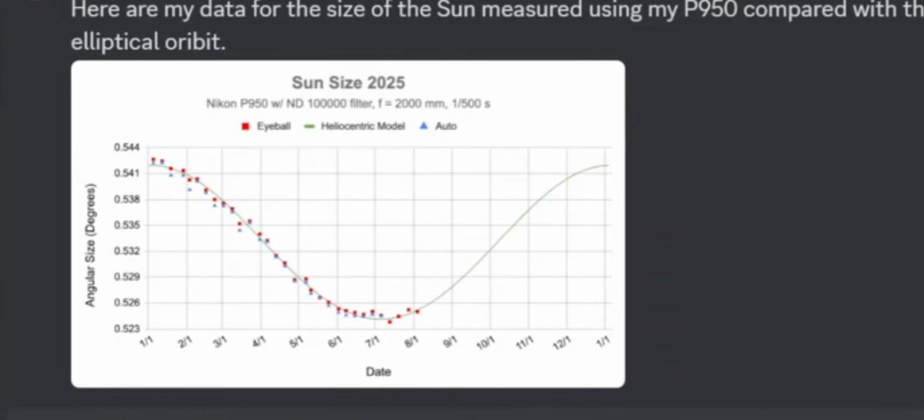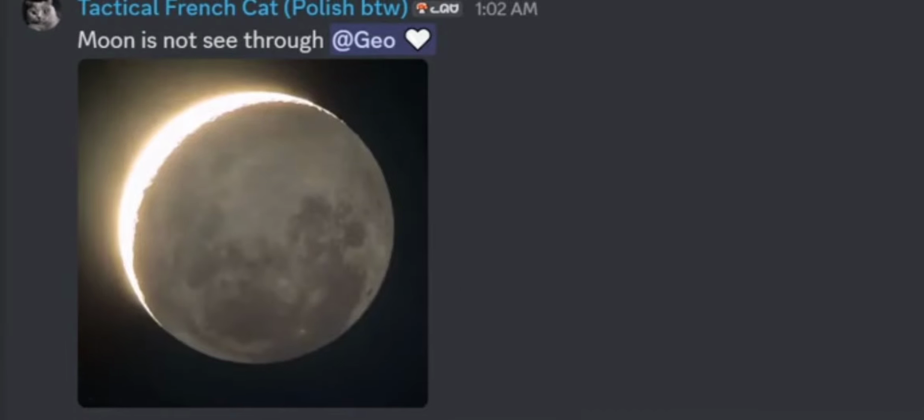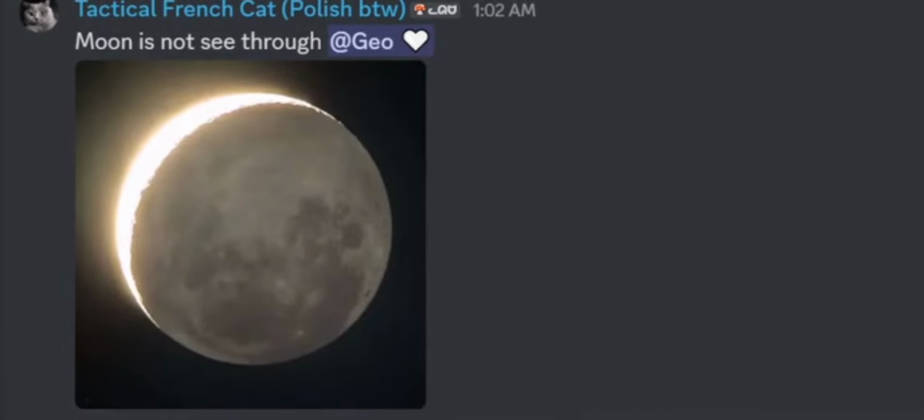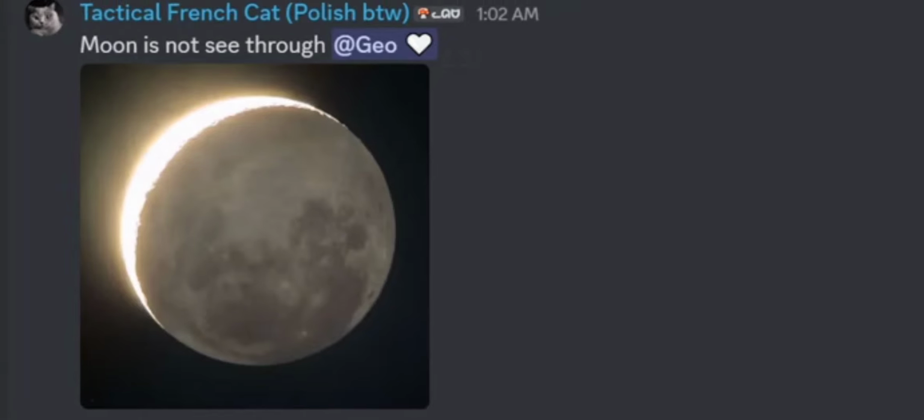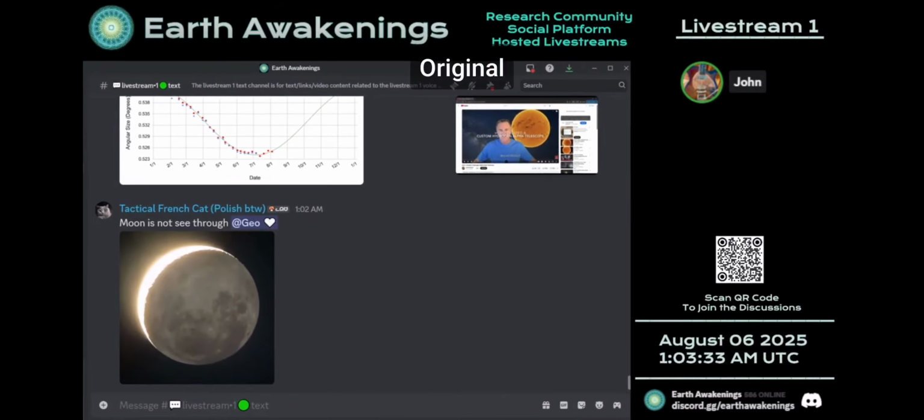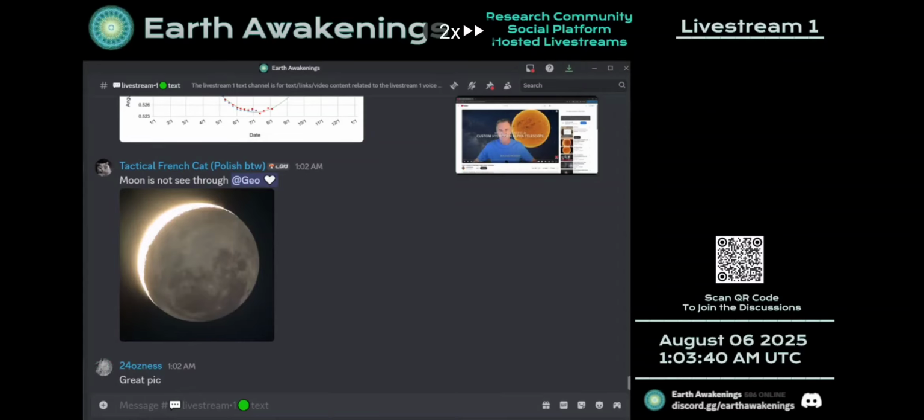And the green line is the theoretical prediction from the elliptical orbit, the fact that we're closer to the sun in January by 2 or 3 million miles than we are right now, in early July. I really love doing this stuff. Not that I don't kind of know the answer, but it's fascinating to me to realize that just any schmo can go out with a P950, take pictures for themselves, and see that this is what happens.